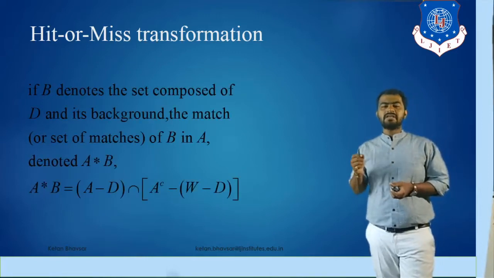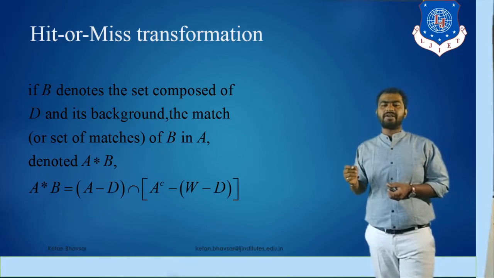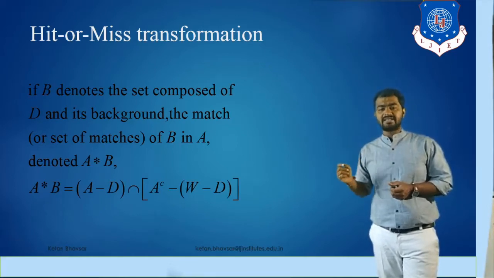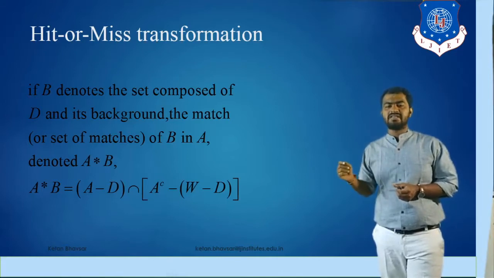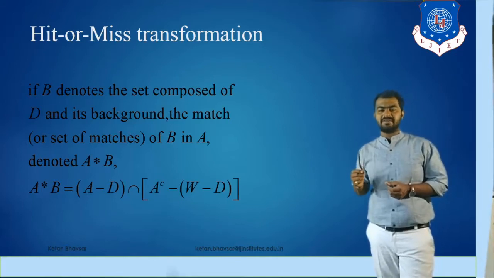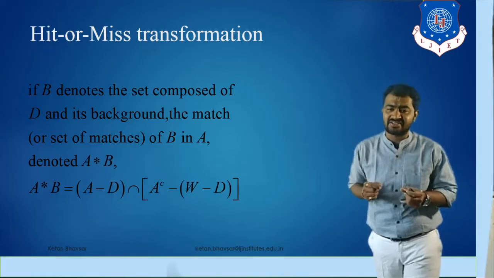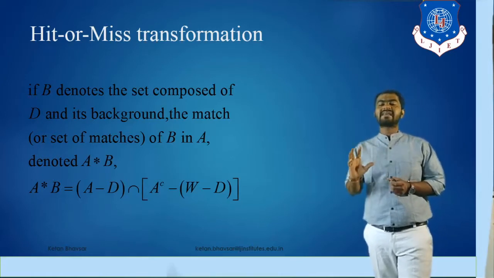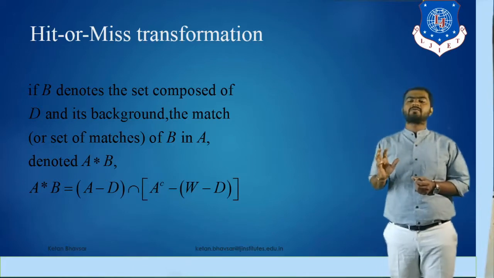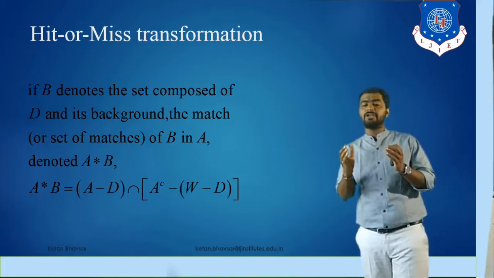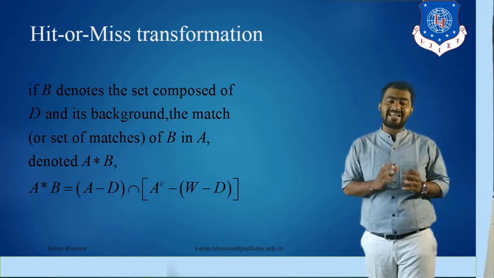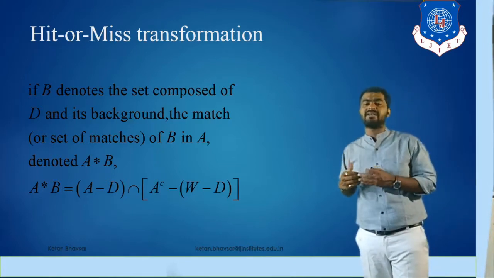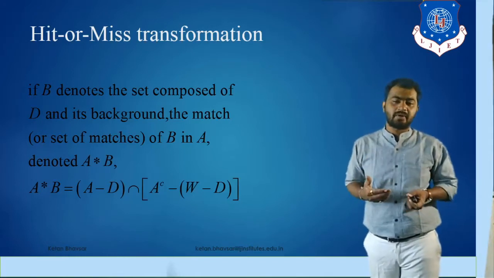Now, if B denotes the set composed of D and its background, the match or set match of B in A is denoted as A star B, equal to (A minus D) intersection (A complement minus W minus D). What this means is that if your mask value matches your image, it is called a hit, and if it does not match your mask component, it is called a miss.